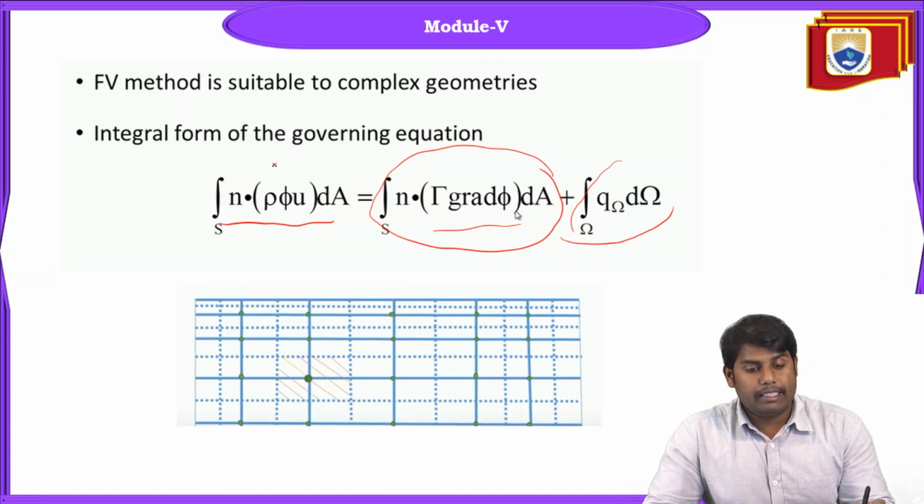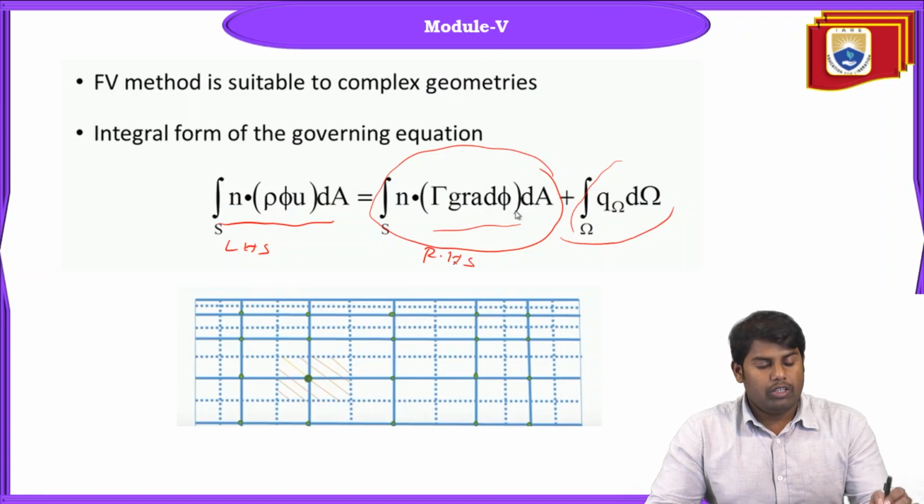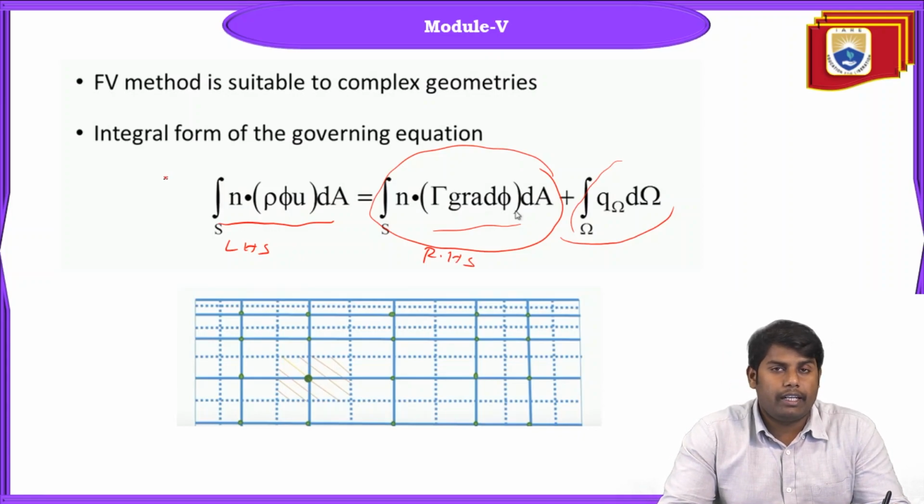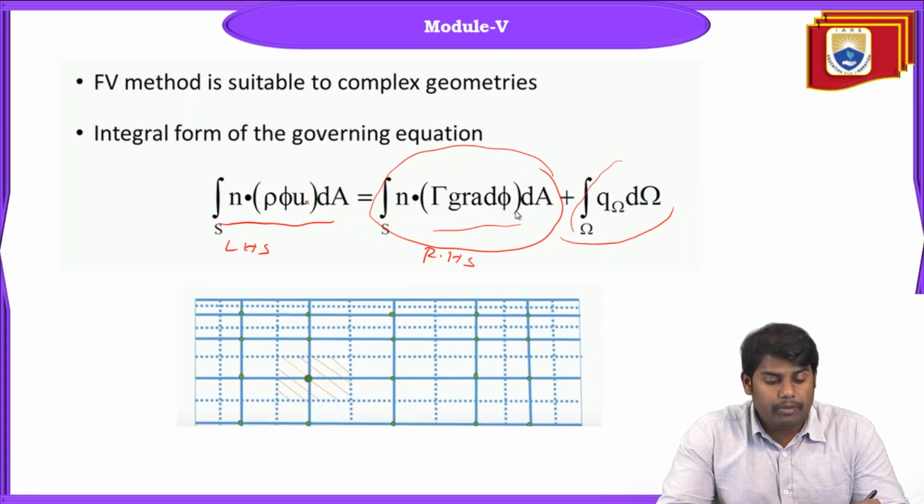So you can see this is LHS and this is RHS. So we have the combination of LHS and RHS, where the balance should be present between the convection term and the diffusion term. If there is a proper balance between the convection and diffusion, then you can actually properly define the flow.